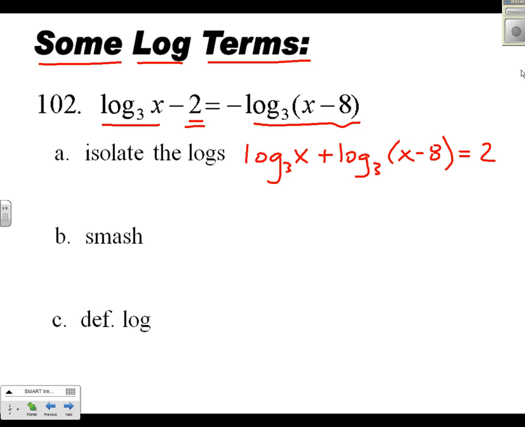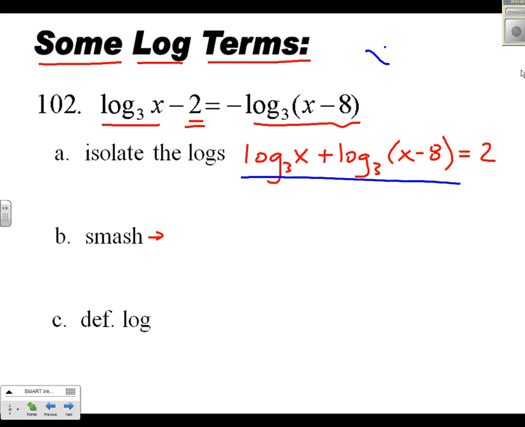And then we can use one of our properties of logarithms to smash these two together into a single logarithmic term. Since log base 3 of x and log base 3 of x minus 8 are exponents that turn 3's into x's and x minus 8's, we're adding exponents. And when do we add exponents typically?